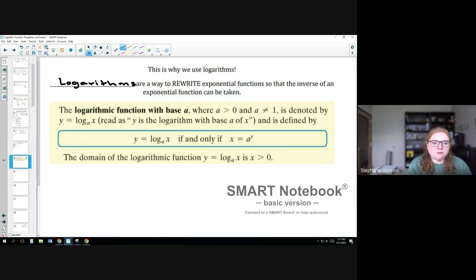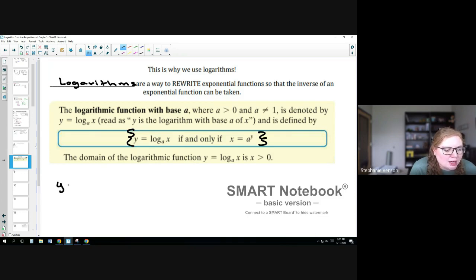So this came from the book that we use for this course. But if you have a logarithmic function with a base of a, this is how we write a log, L-O-G, and there's the base of a. You read this as y is the logarithm with base a of x. But here's what you need to know. This is the important part right here. This is how we rewrite logarithms as exponentials and exponentials as logarithms.